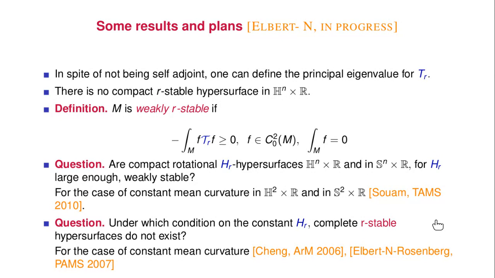And there is also a dimension problem there. So what happens for H_r? It's an interesting question to deal with, but we are not able to answer it. We think we have some method, but you know, we don't know. But we believe that some result like that is true: if r is large enough with respect to the curvature of the ambient space, then they don't exist.